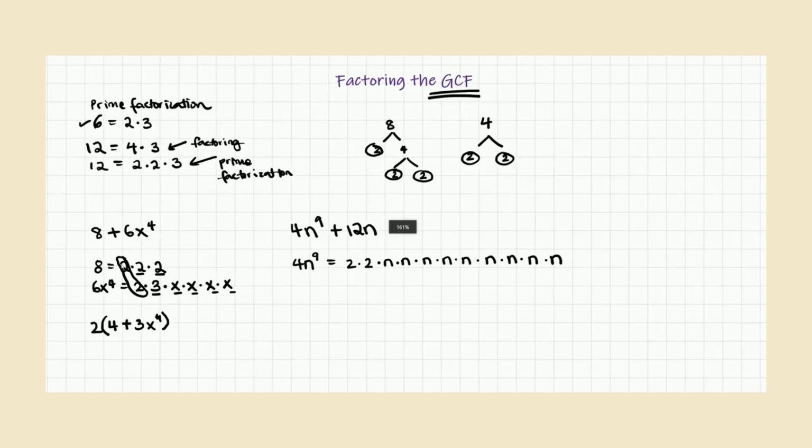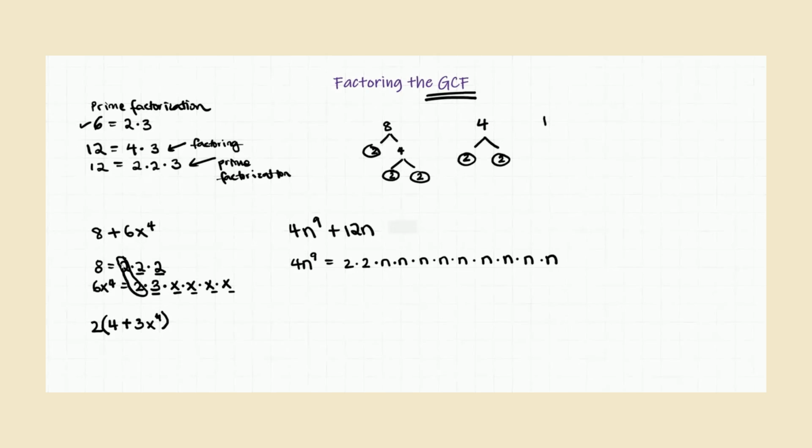Then for 12n, we want to break down 12. So 12 is 2 times 6. 6, though, can be broken down as 2 times 3. So 12 is 2 times 2 times 3, as we saw here. So 12n would be 2 times 2 times 3 times n.